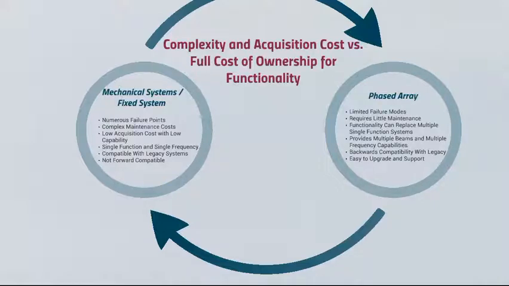Phased array: limited failure modes, requires little maintenance, functionality can replace multiple single function systems, provides multiple beams and multiple frequency capabilities, compatible with legacy, easy to upgrade and support, high acquisition cost, low lifetime cost.